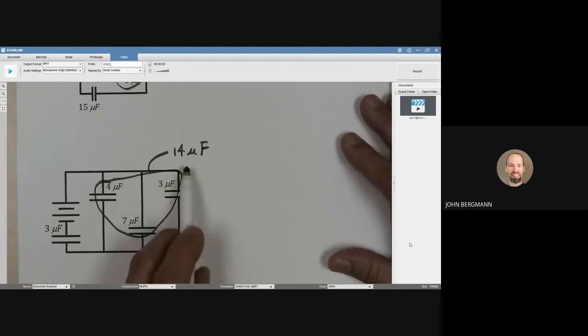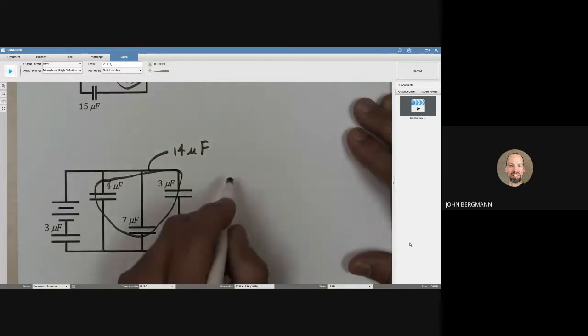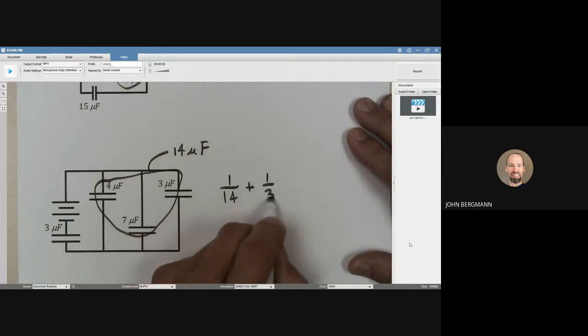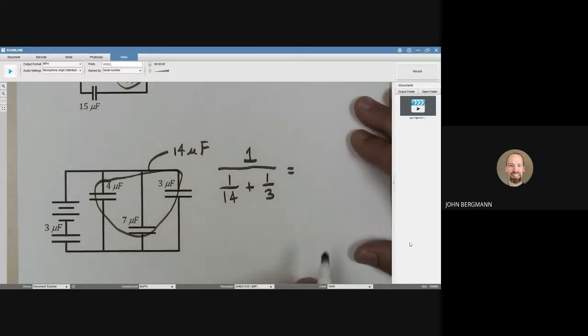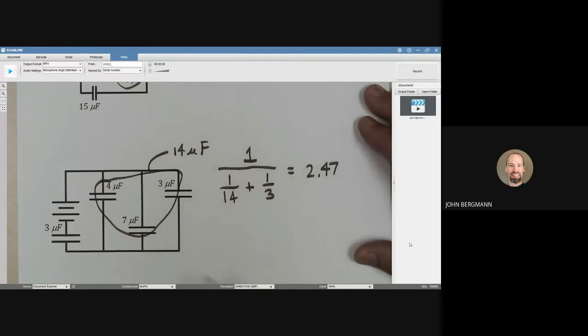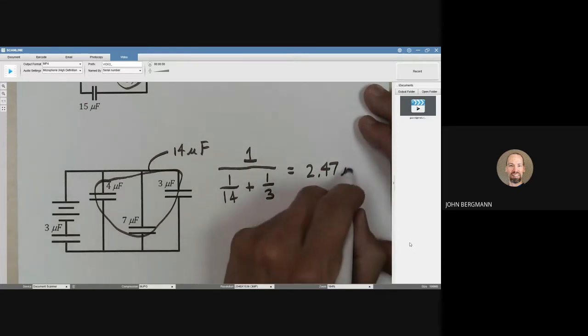Now, that imaginary 14 is in series with this very real 3. When they're in series, we now have to use the 1 over equation. So we're going to go 1 over 14 plus 1 over 3, add them up, and 1 over that. You probably need a calculator for this. I did, and got 2.47. And the unit is going to be microfarads.